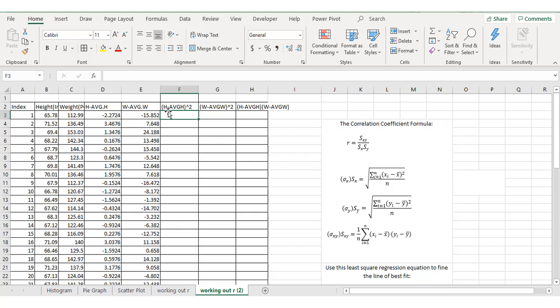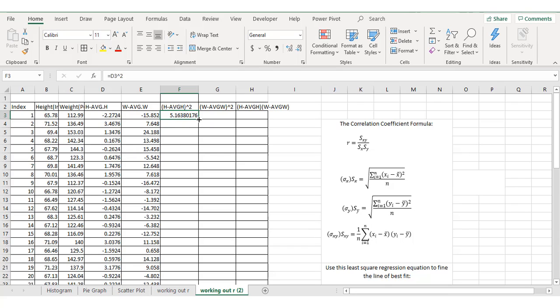Then for here, it's height minus average height, squared. Double click, put the equal sign. You need to square this one. So use this symbol that stands for square, then enter.